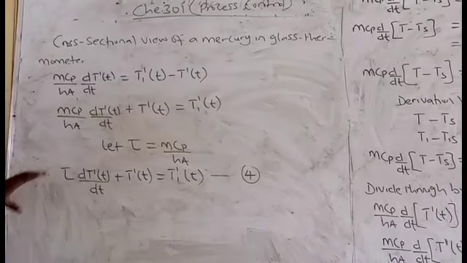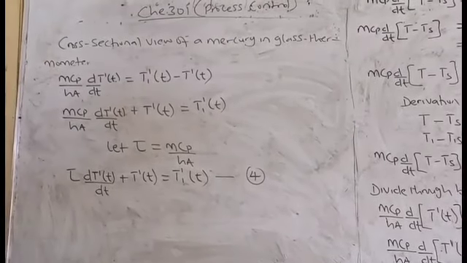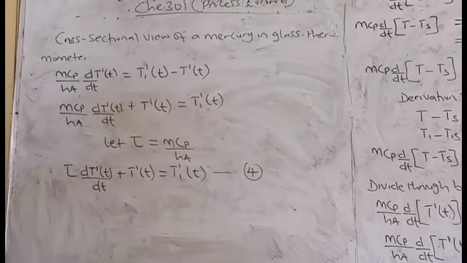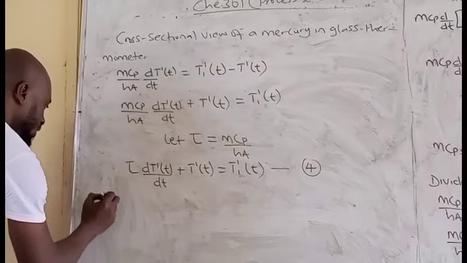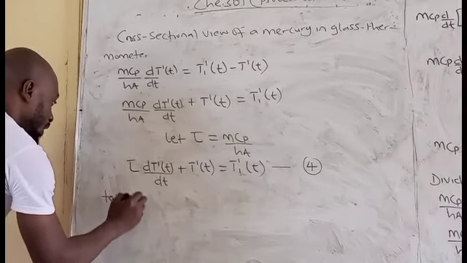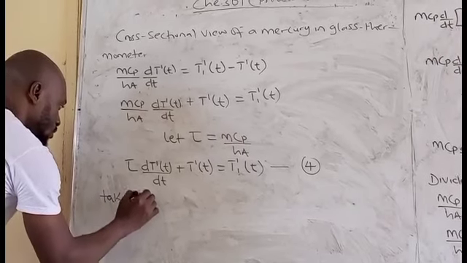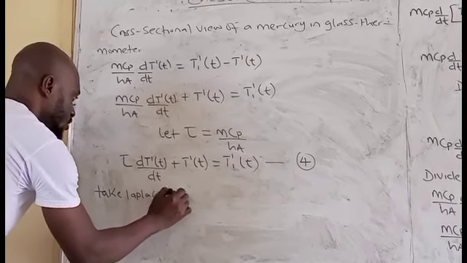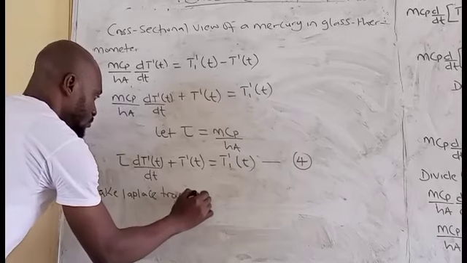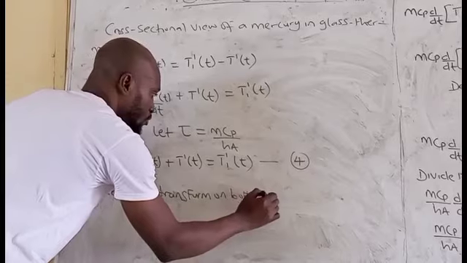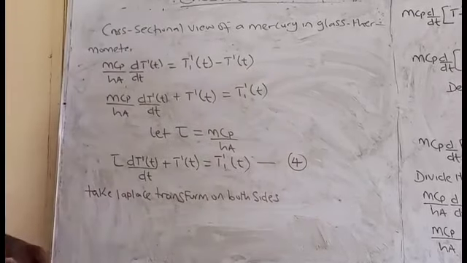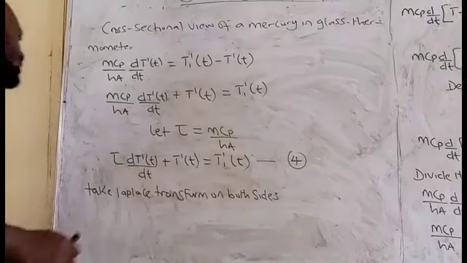Equation 4 now. Having this equation, I want to take the Laplace transformation on both sides because this is a differential equation. This is a first order differential equation. So taking the Laplace transform on both sides, meaning both the left and the right hand side.